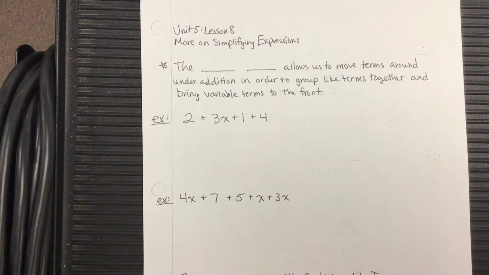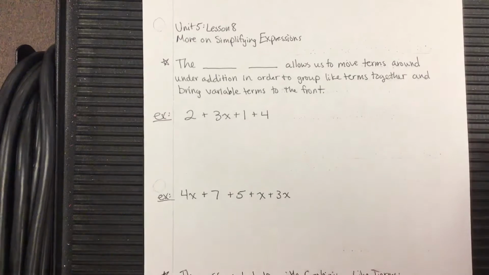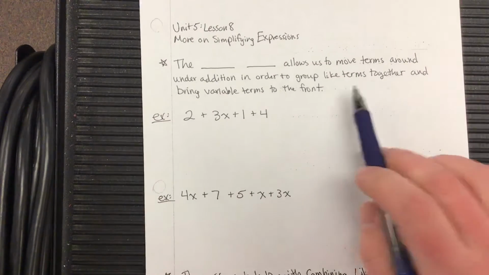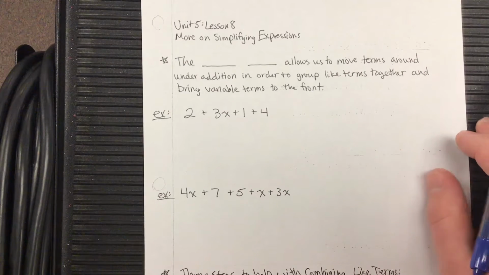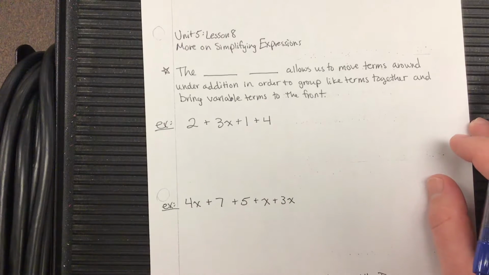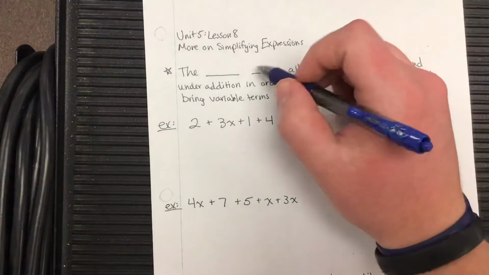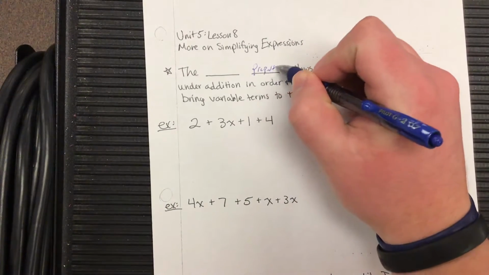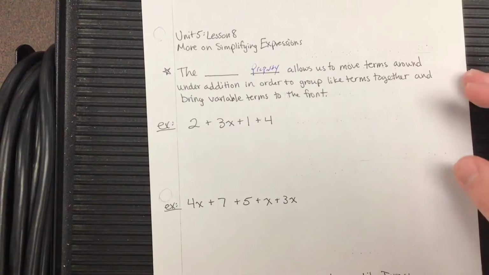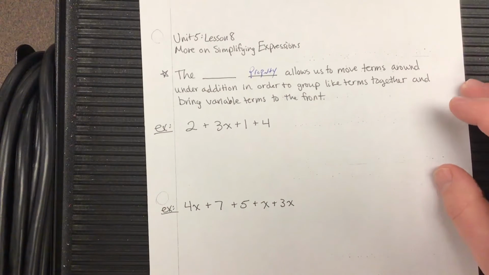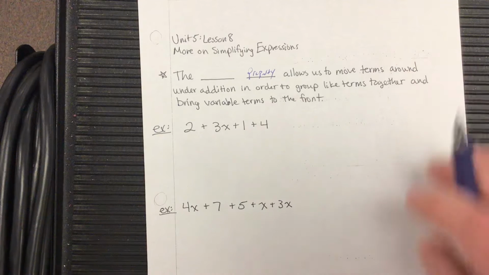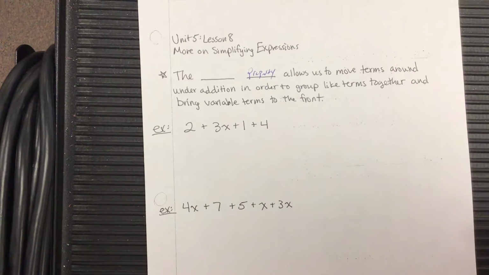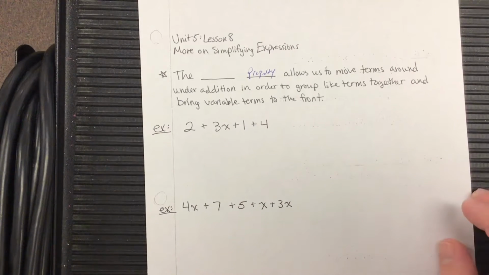All right. So the first one says the blank allows us to move terms around under addition in order to group like terms together and bring variable terms to the front. What property? We're talking about a property here. It allows us to add in any order. It's gonna give us the same answer. Do you guys remember what property that is?